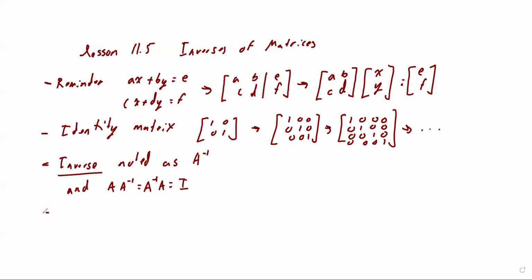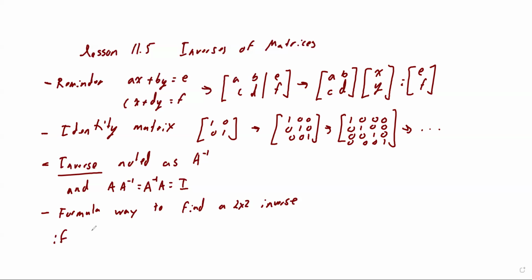All right, as always, we have formulas for a 2 by 2, and then we have ways to do n by n's. So the formula way to find a 2 by 2 inverse.